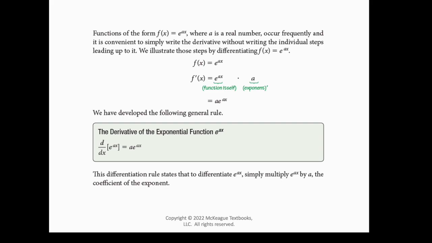Now, this is going to bring us to another rule, although we've already used it, but it's nice to mention it as a formality. When you take the derivative of e to the ax, where a is just some constant, for example e to the 7x or e to the 5x, because of the chain rule the derivative is going to be itself, but we multiply by the derivative of the exponent if there's something other than x up there.